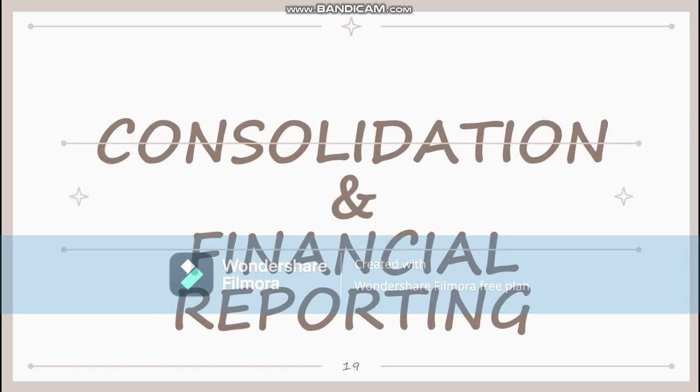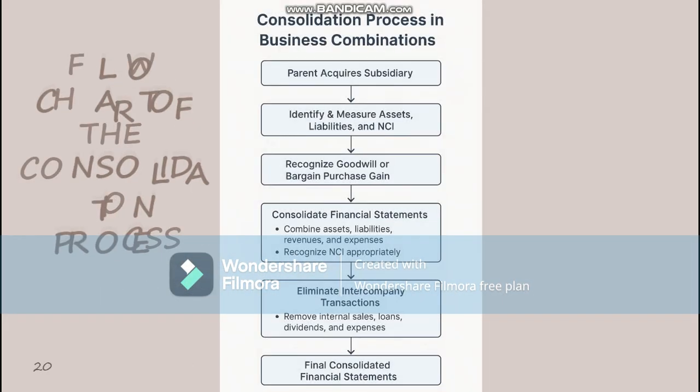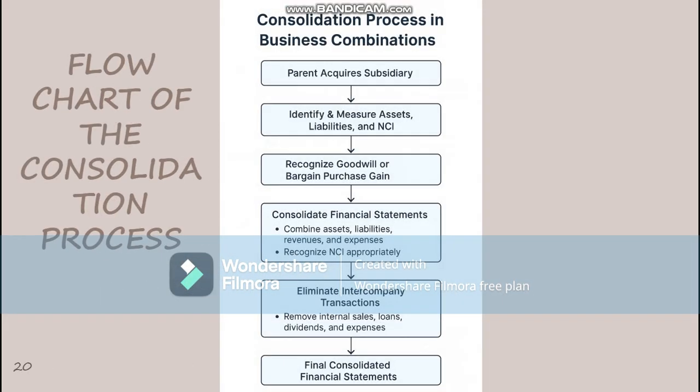Now let's go on to consolidation and financial reporting. After a business combination, the company that takes over must create consolidated financial statements as per IFRS 10. This means they incorporate all financial details of the acquired company into their own reports.